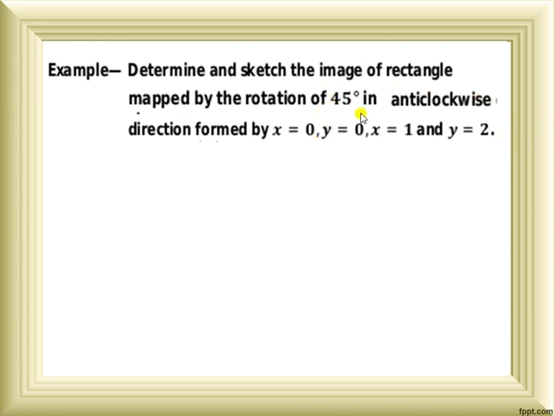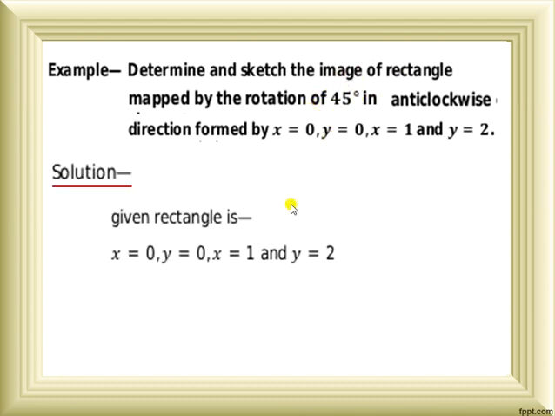By using this transformation with the angle, we are going to find the image in the W plane. Let the required transformation be e^(i theta). Here the angle is 45 degrees, that is pi by 4, into Z.